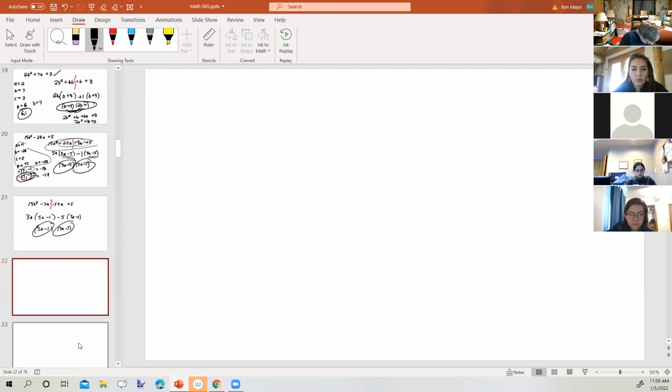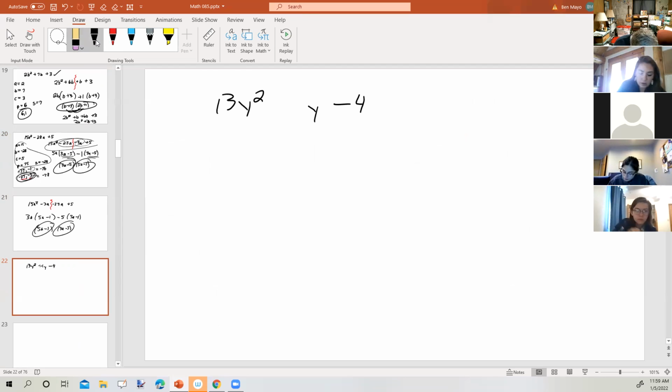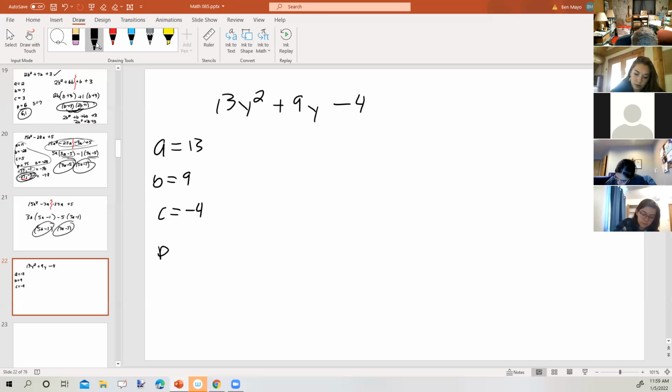Let's see here. Let's see how we're doing for time. We got time. 13y squared plus 9y minus 4. So A is 13, B is 9, C is -4.